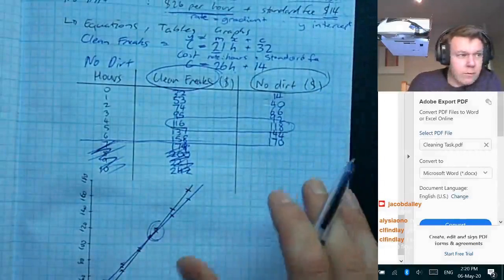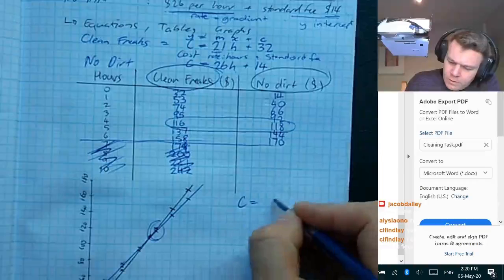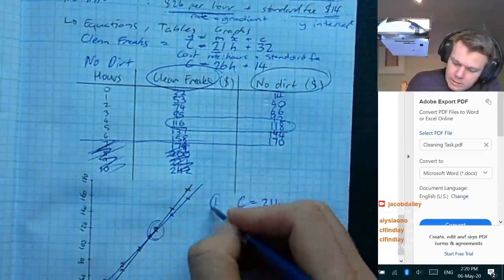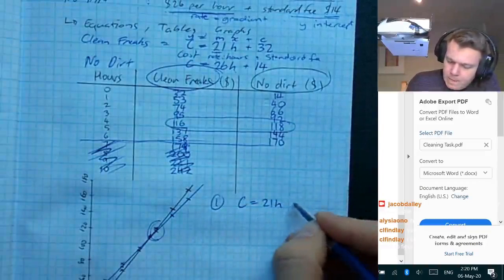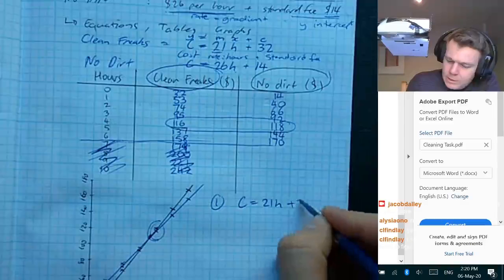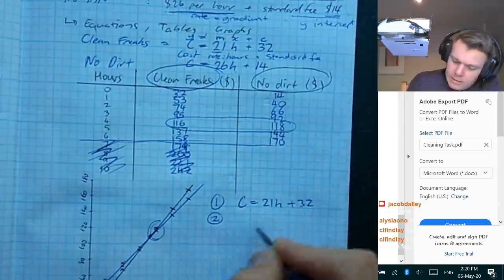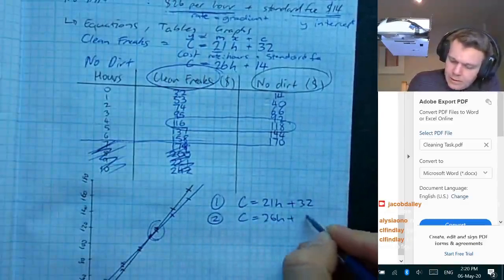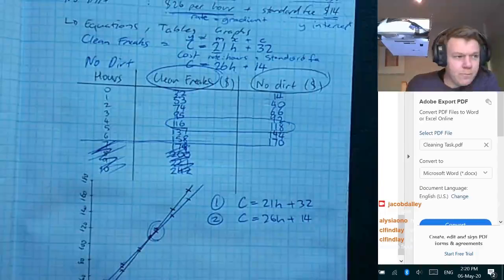So we have cost equals, so this is Clean Freaks, number 1, 21H plus 32, and No Dirt is 26H plus 14.